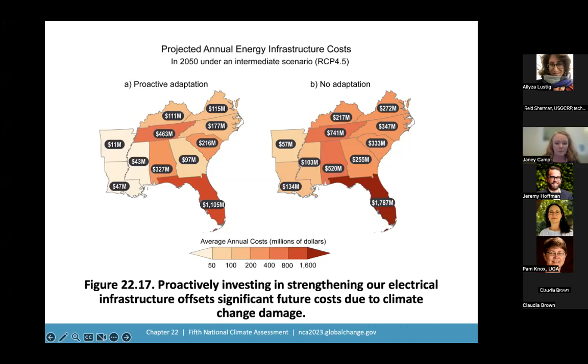And other infrastructure systems such as water are dependent on energy. And so higher energy costs because of lack of adaptation could lead to other costs in other sectors going up. So proactive adaptation is absolutely worth the investment when you look at the Southeast.